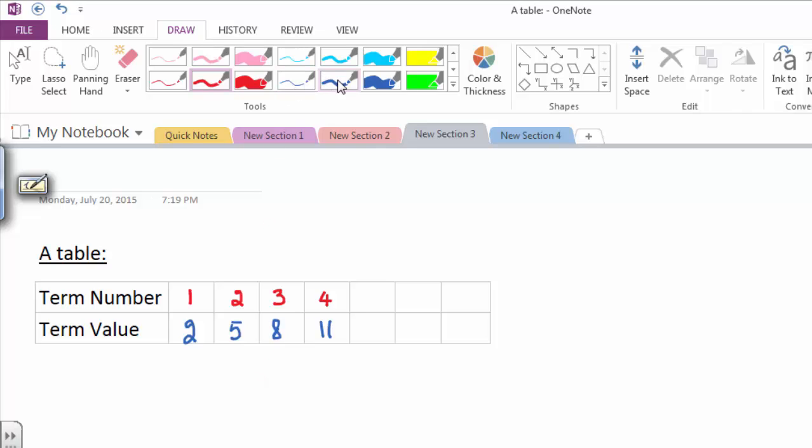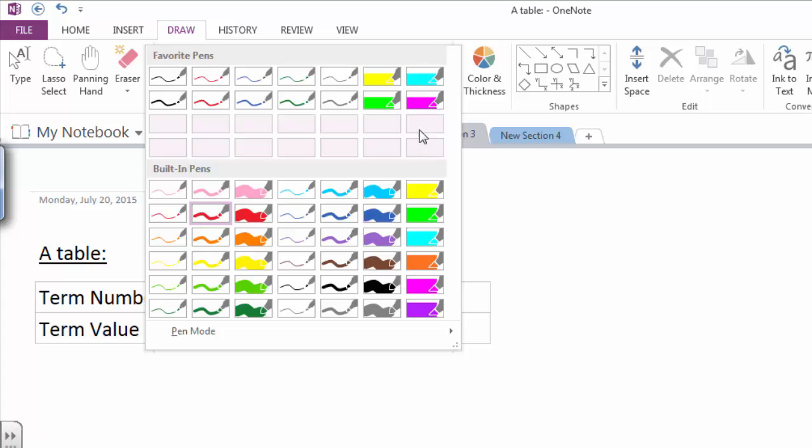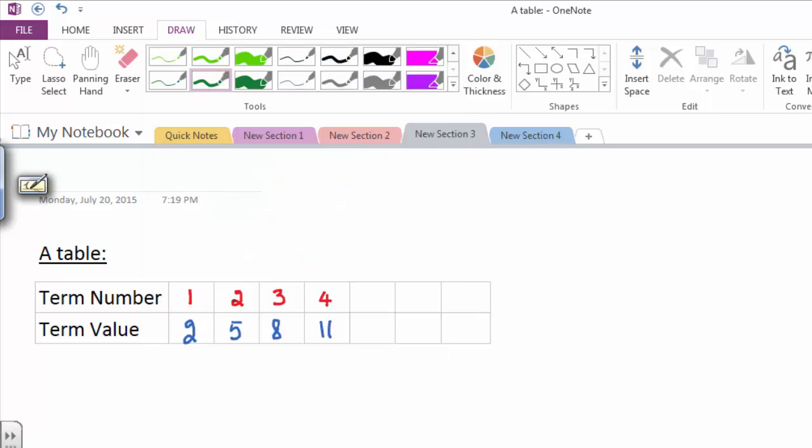In this case, I have to check something very important here. To check these values, it's going from 2 to 5. How can I go from 2 to 5? As you can see, I'm adding 3. How can I go from 5 to 8? As you can see again, I am adding 3.